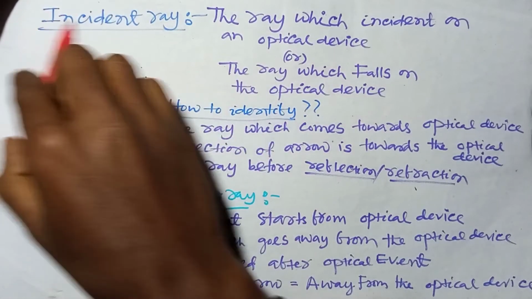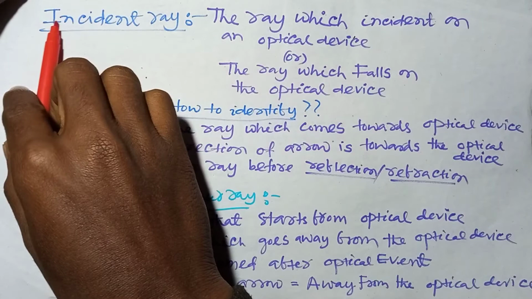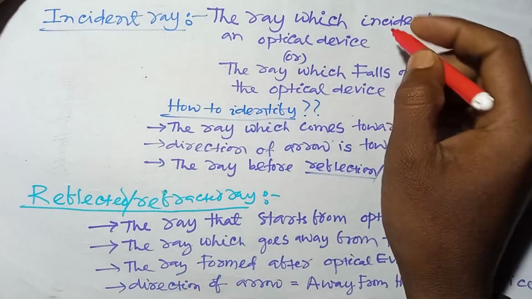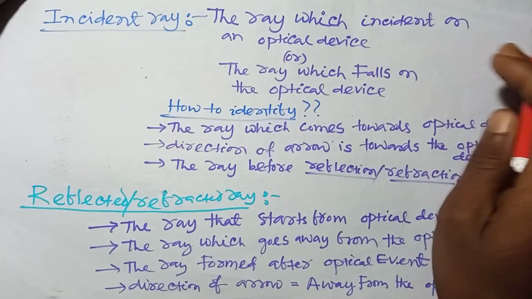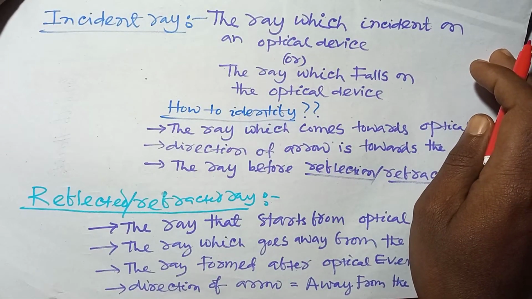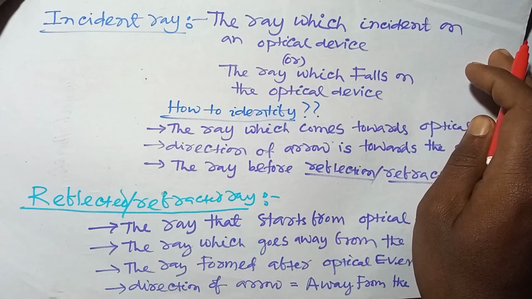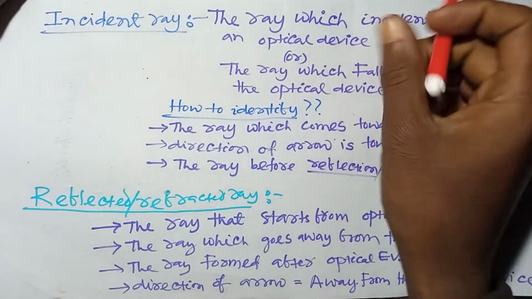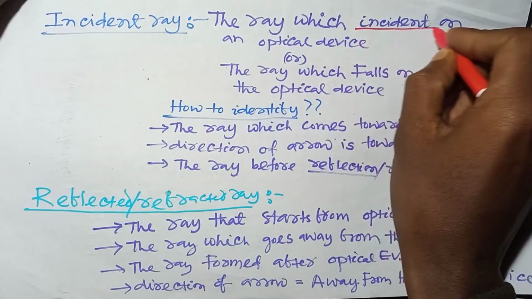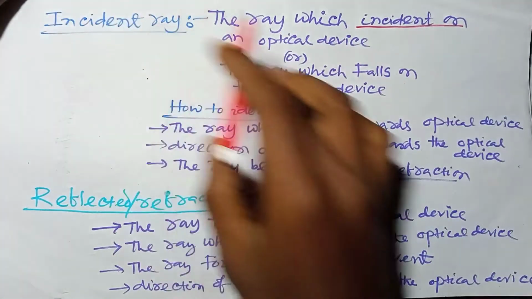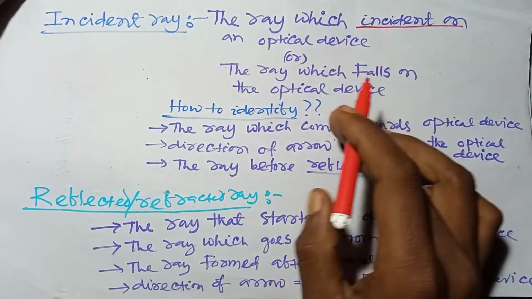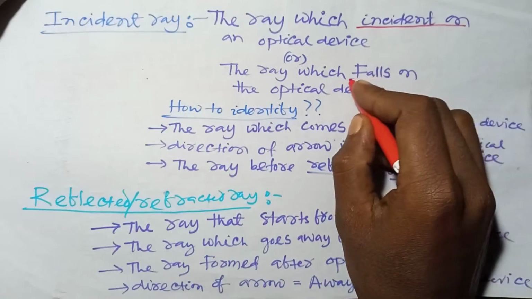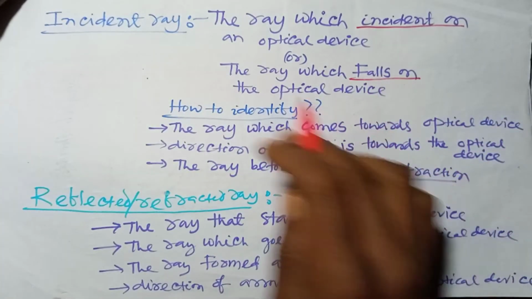Here it is the incident ray, and the definition of incident ray says that the ray which is incident on the optical device, which can be either a mirror or lens, is known as the incident ray, or we can say the ray which falls on the optical device is the incident ray.